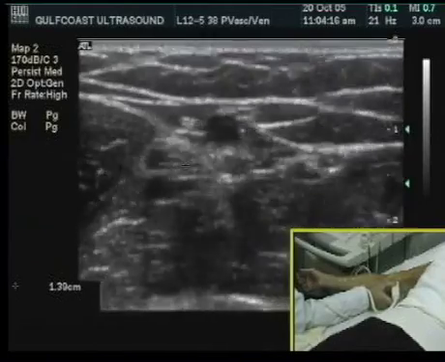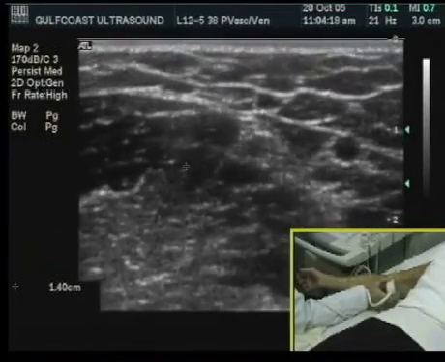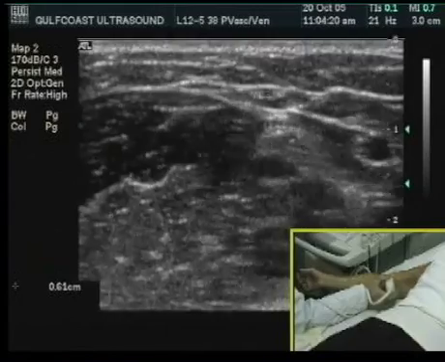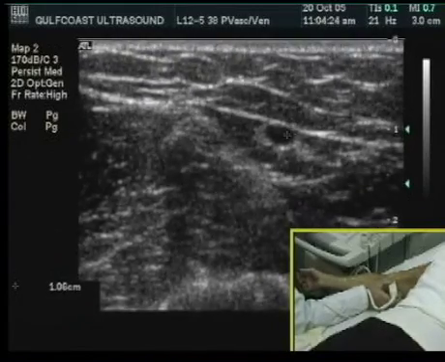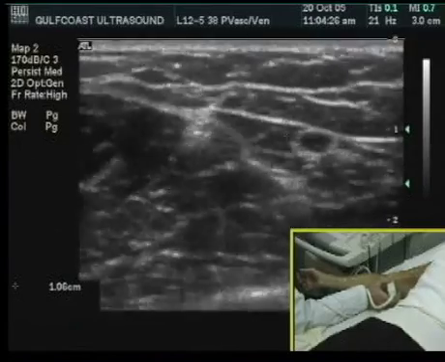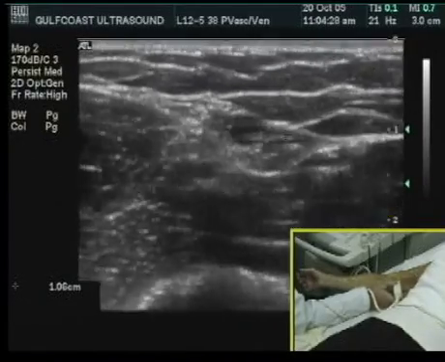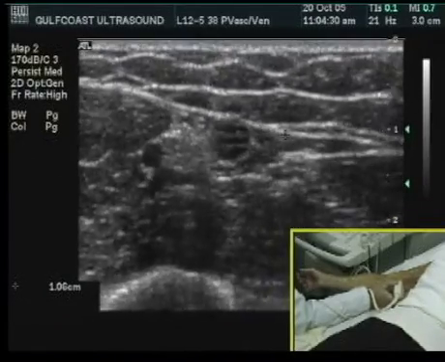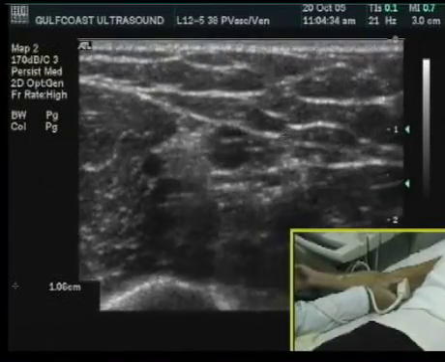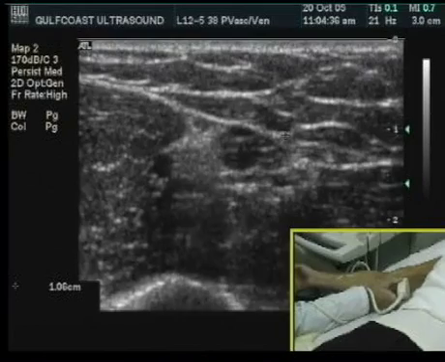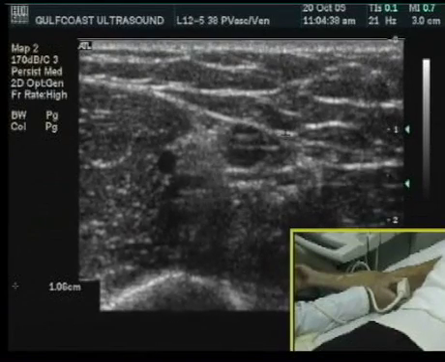Now in the upper arm, this is the median cubital vein that starts to course over to the cephalic vein, and this is a continuation of the basilic vein down into the forearm. Let's stop here and just do a quick measurement. It's important not to put too much pressure on the transducer, to keep a light hand, otherwise you can compress the vein.